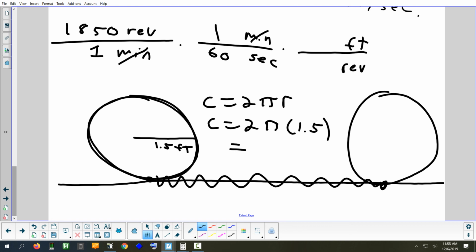Maybe, but that's not an exact answer. That's rounded. I'm looking for an exact answer with pi. Yeah, just keep it simple. 3 pi. That's the circumference. 3 pi feet. Now, I know how many feet are in 1 revolution. 3 pi.